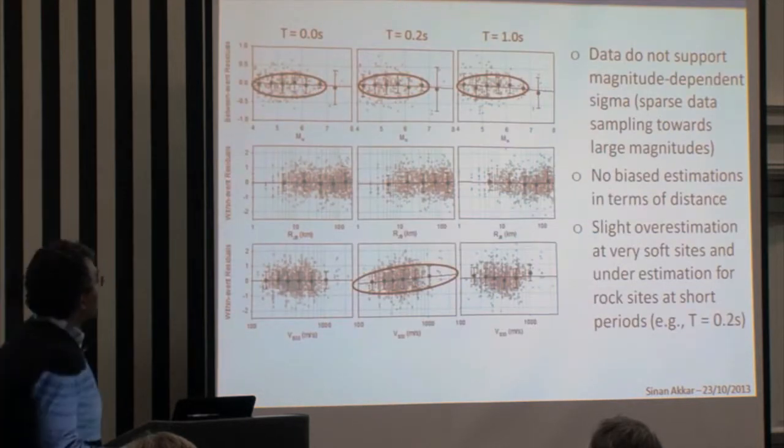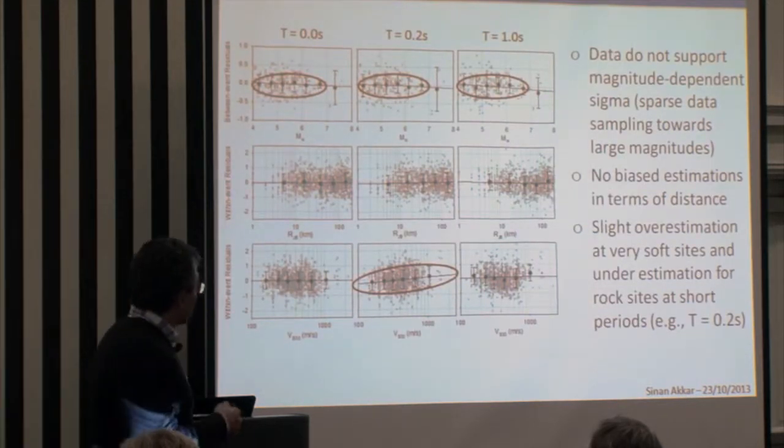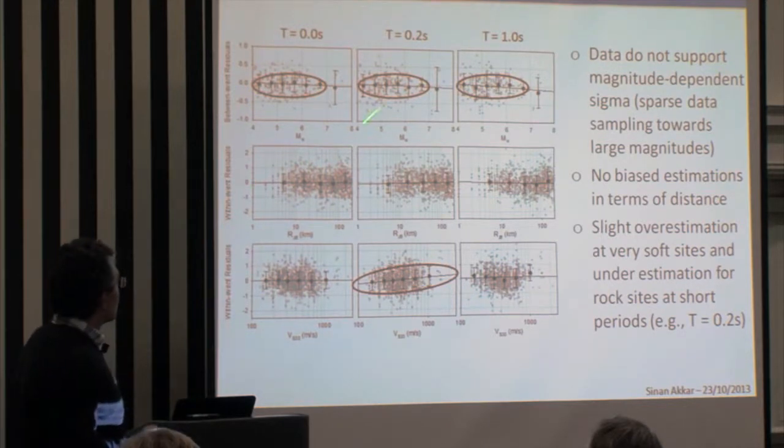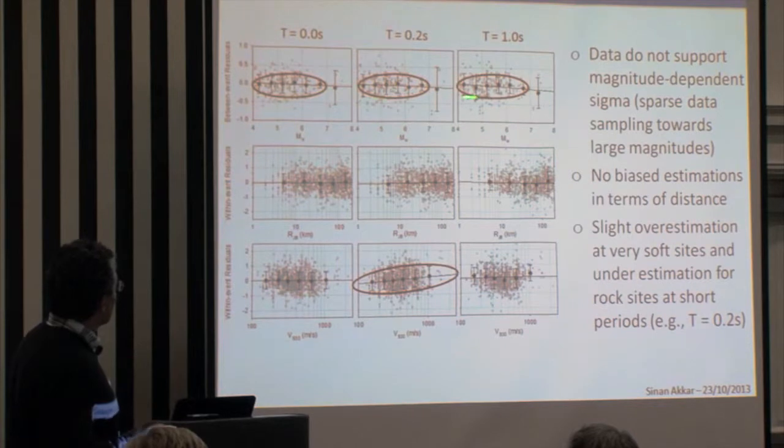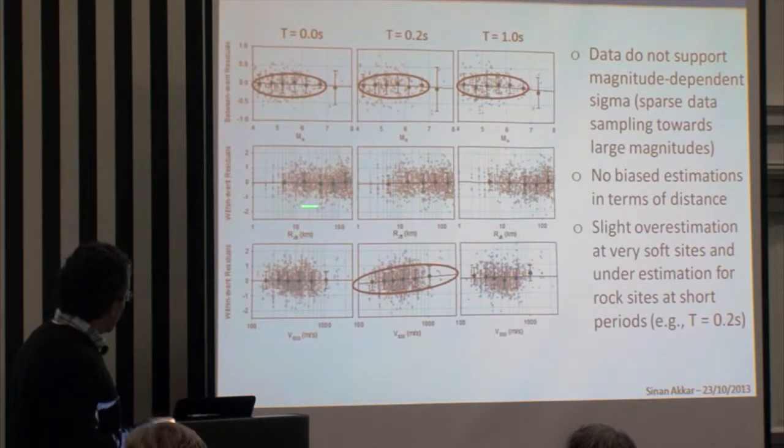Okay, so these are the residual analysis, and they're showing the overall trend. The first row shows the between event residuals, the second row shows the within event residuals in terms of distance, Joyner and Boore distance, and again the within event residuals in terms of shear wave velocity.